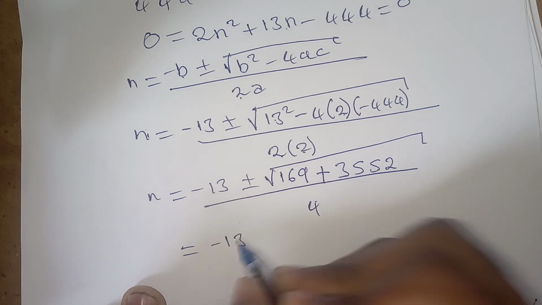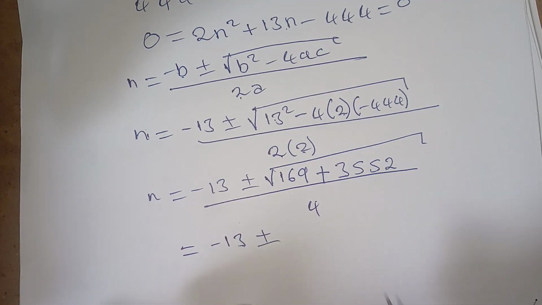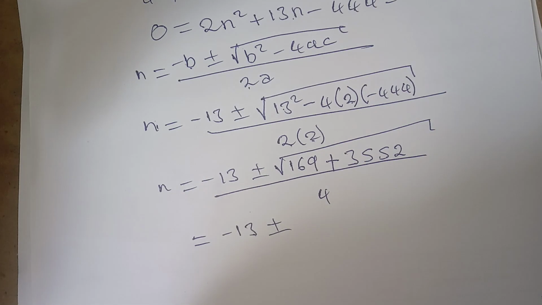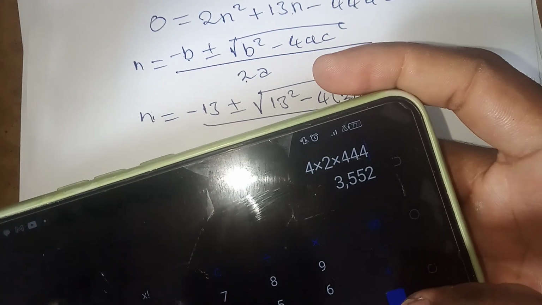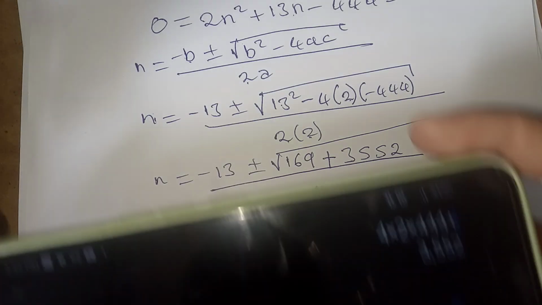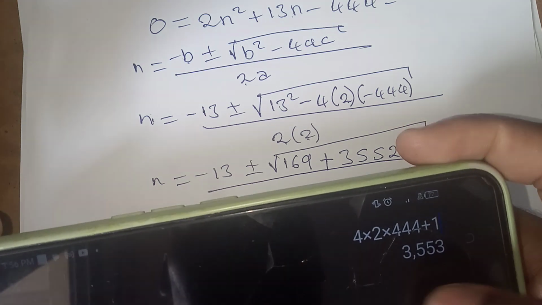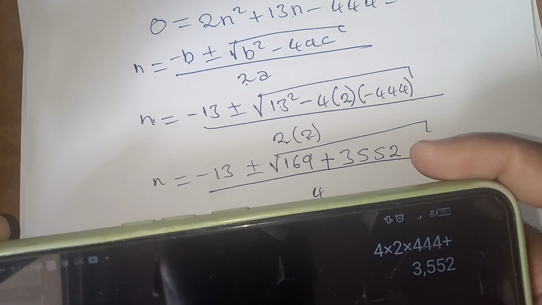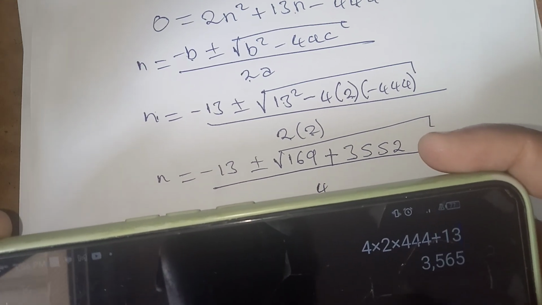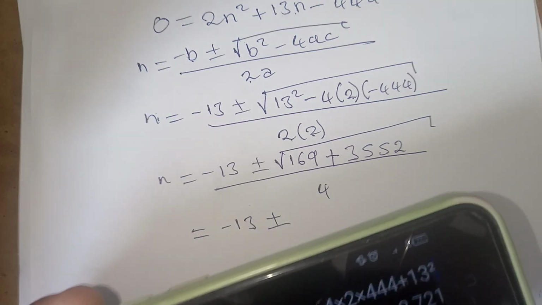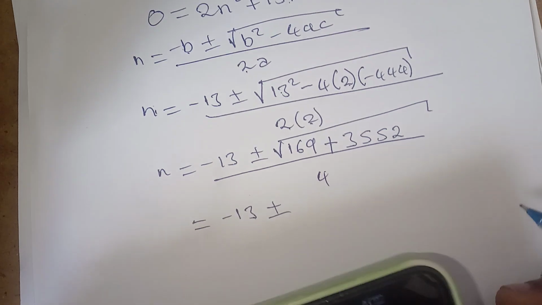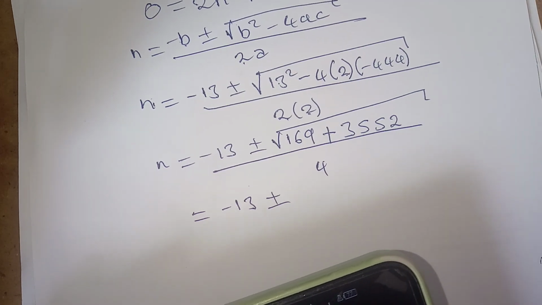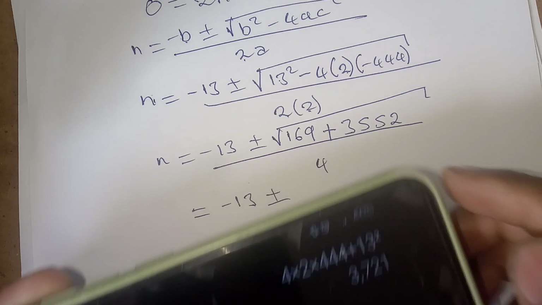Then we have negative 13 plus or minus. We can add these. Let me just be a little bit lazy. So we have this plus 13 squared. 13 squared, is it? Okay, so we have this as the total. Doesn't make sense.